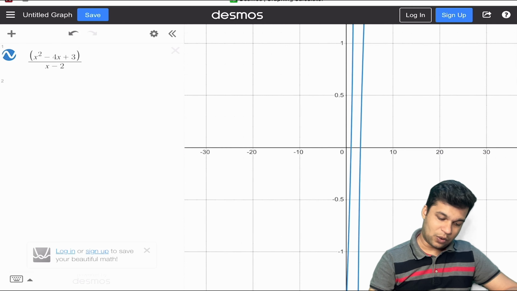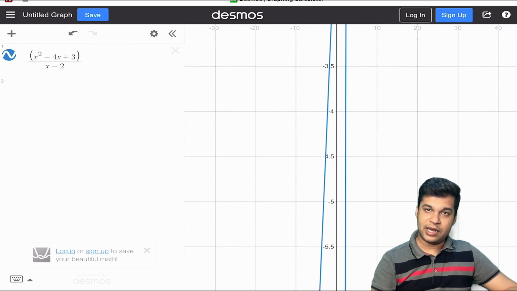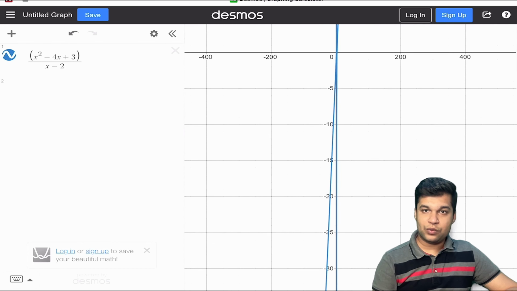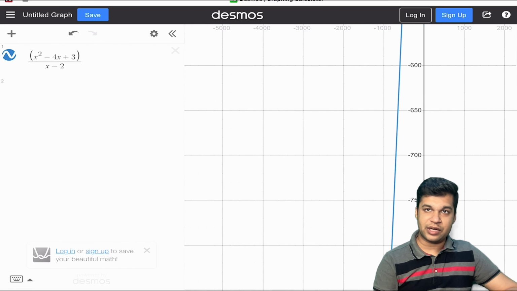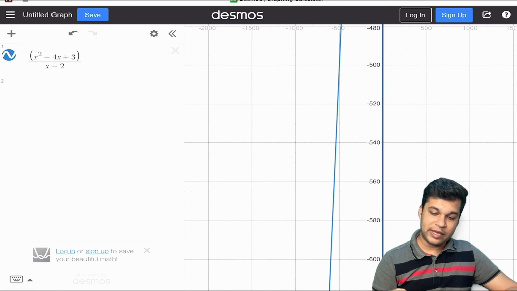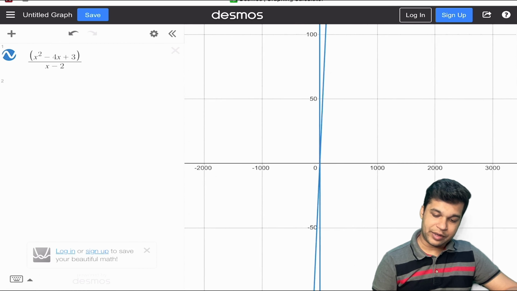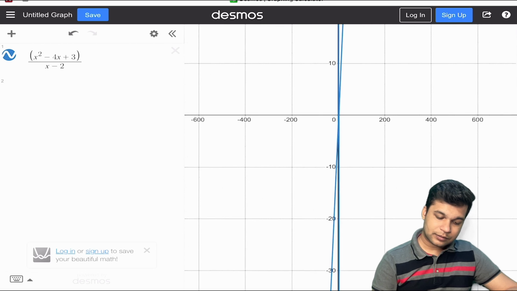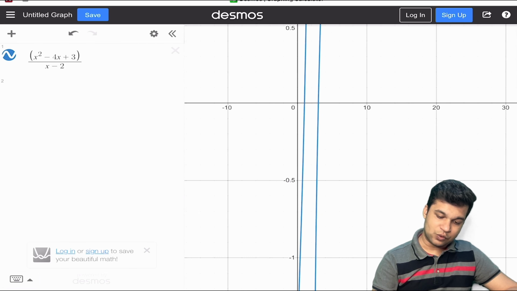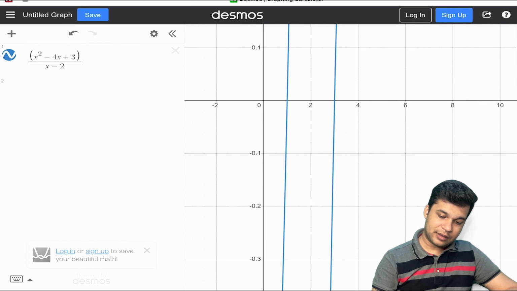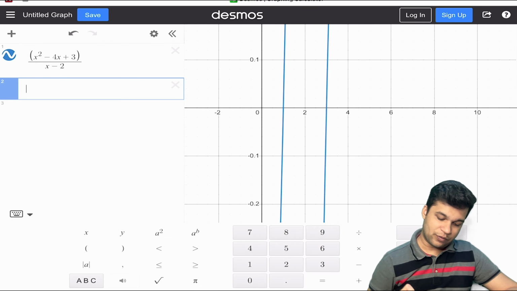So how does the graph look like? If you see, it's going down, and if you zoom it out, it's a very strange graph. But let's see what is the oblique asymptote. Let me zoom in and draw the line y equal to x minus 2.